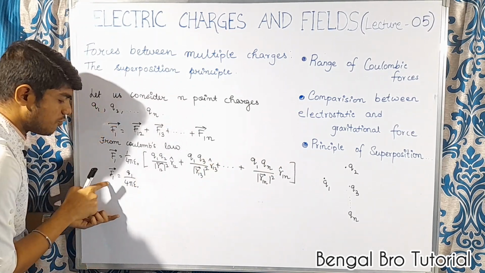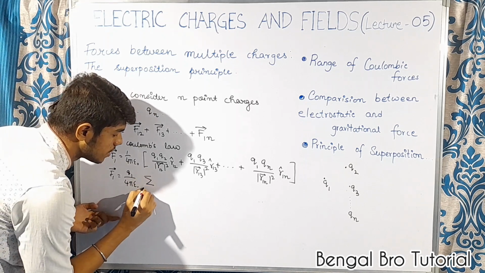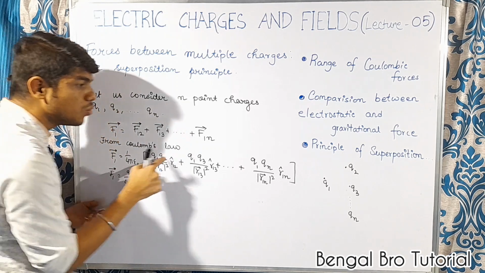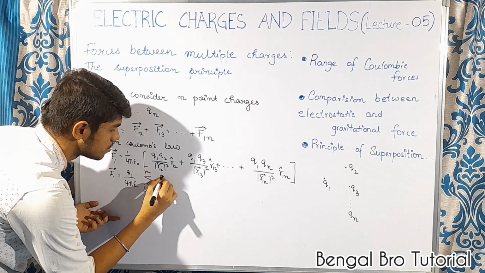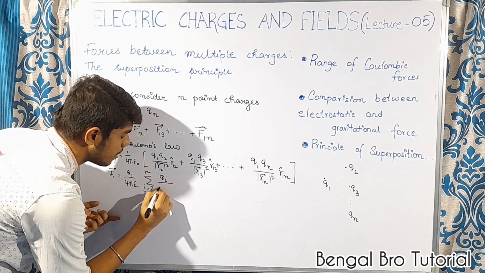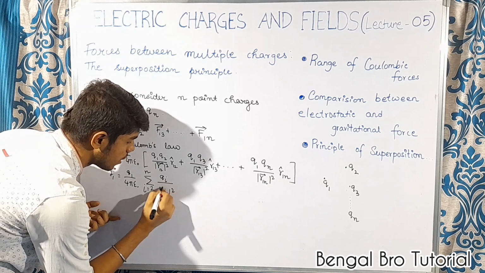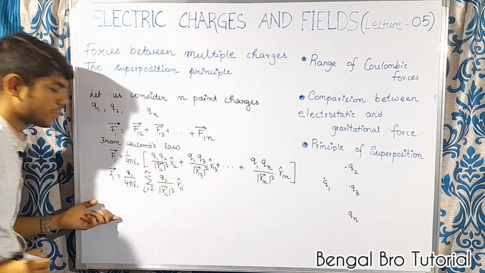So, we can say that F1 equals Q1 by 4 pi epsilon naught summation over i is equal to 2 to n, Qi by mod of R1i square into R1i cap.